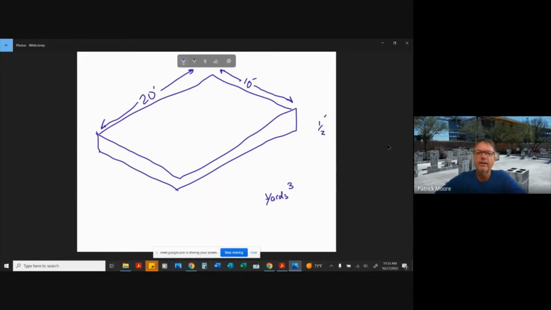And if you want to calculate the cubic feet, you go 20 times 10 times 1/2 because volume equals length times width times height. So 20 times 1/2 is 10. So 10 times 10 is 100. So it's going to be 100 feet cubed.